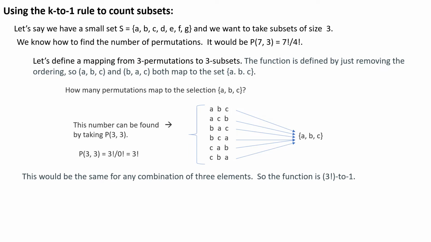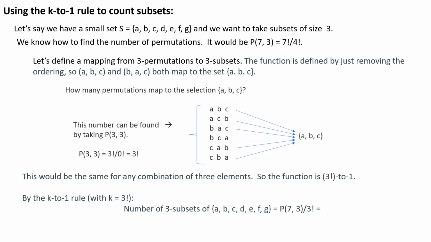Remember what we're trying to do is find out how many subsets there are of, in this case, just these 7 elements. Well, we will use the k to 1 rule, which says that the number of subsets of this set is equal to the number of permutations divided by 3 factorial, because remember the 3 factorial is the k.